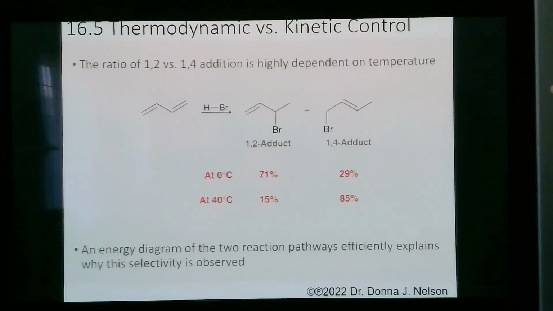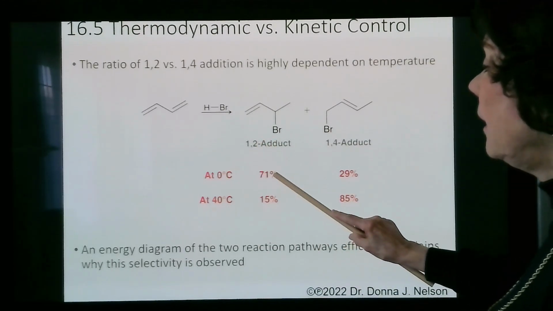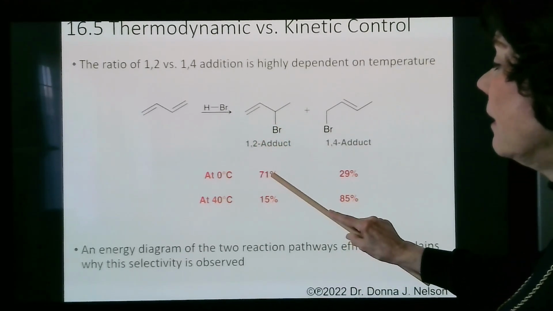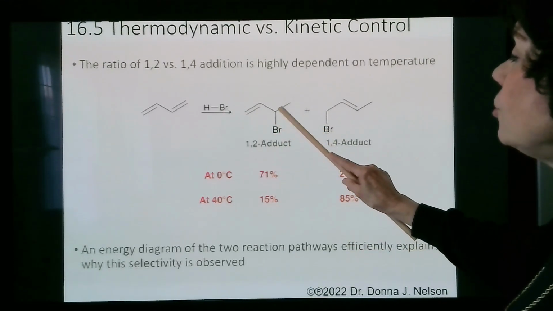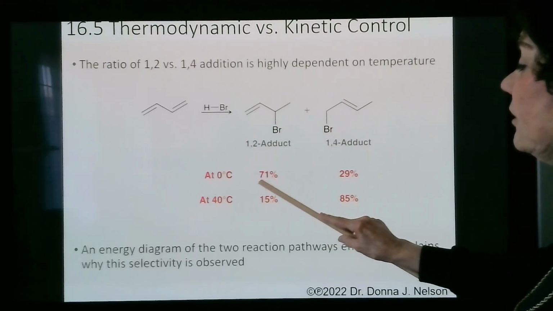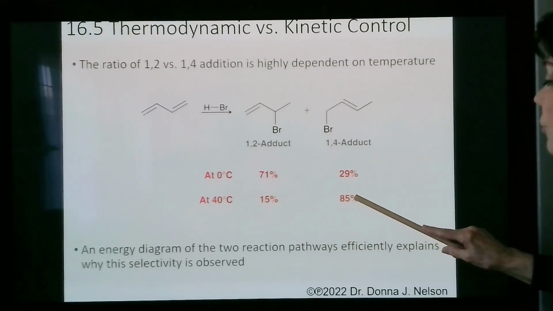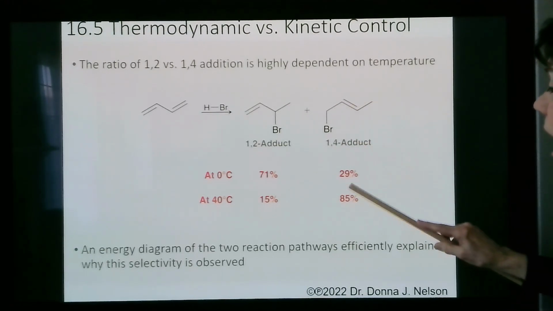Now, thermodynamic versus kinetic control. This is very interesting. So at lower temperatures, you get predominantly the 1,2 adduct. 71% of the 1,2 adduct at 0 degrees. However, if you increase the temperature to 85, you get predominantly the 1,4 adduct.